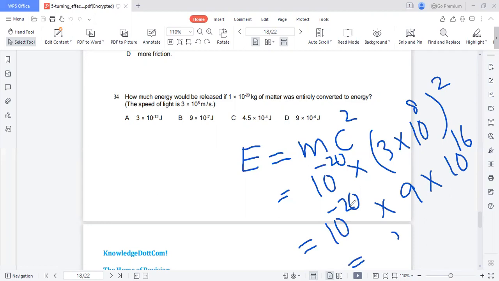The result is 9 into 10 to the power minus 20 plus 16, which is 9 into 10 to the power minus 4 joules. So the correct option is this one.